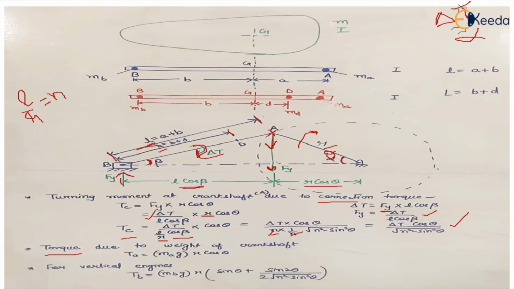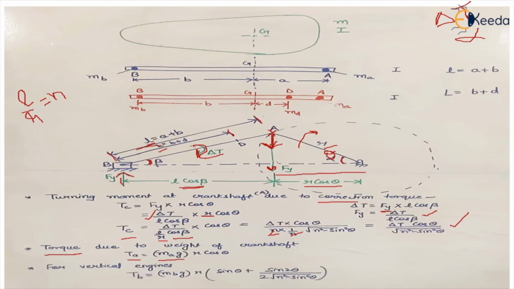This torque is denoted by TA, and it is equal to force into perpendicular distance. What is the force? It is the weight of the added mass, which is ME into G, and the perpendicular distance is r cos theta.